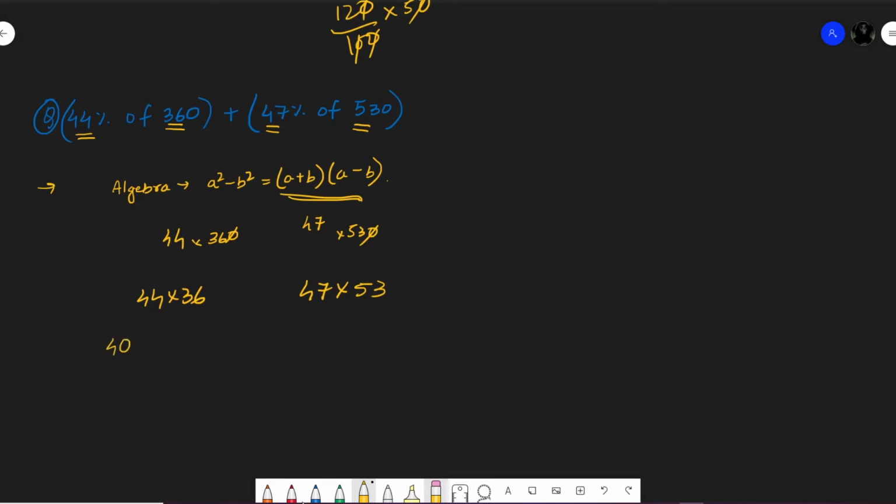How? 40 plus 4, 40 minus 4. Here it is 44 and here it is 36. So 40 plus 4 is 44 and 40 minus 4 is 36. Similarly, we can use this 40 plus 7.